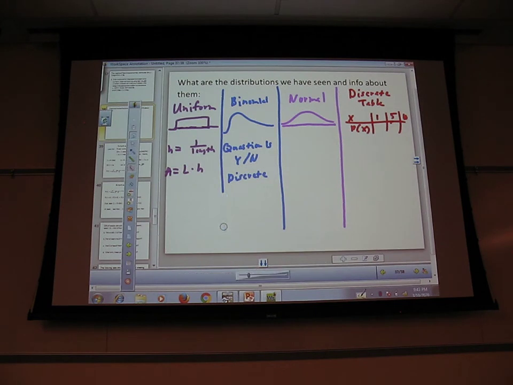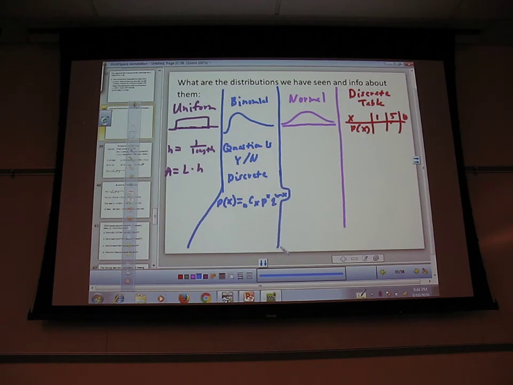How do you find the probability of it? Probability of x is equal to n choose x times little p to the x times little q to the n minus x. We need more room. N minus x. Good.